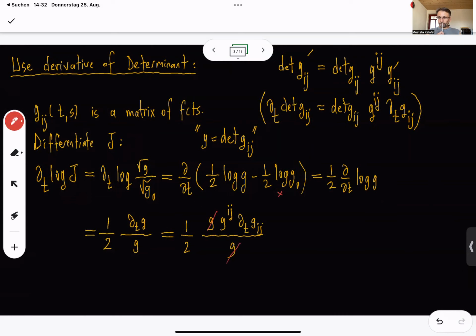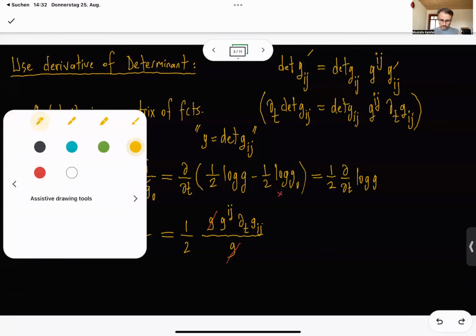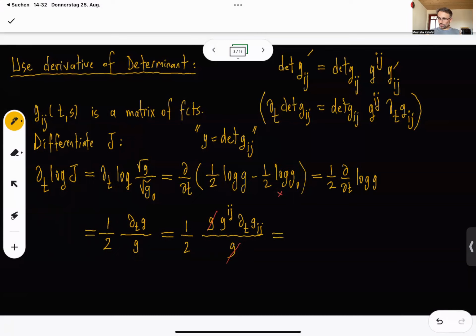You're left with a simpler expression, which is just 1/2 gij partial t gij. That's what we end up with at this time.